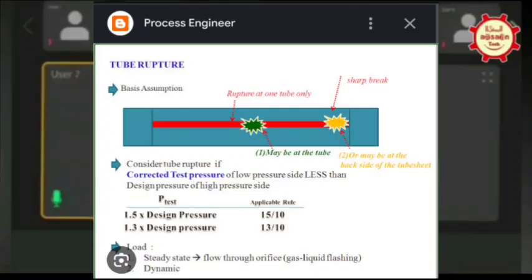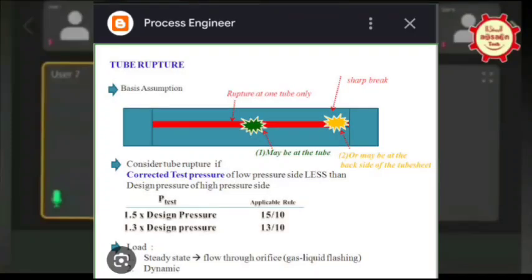Do you have any issues to discuss? Yeah, actually, I have one requirement. When do we use the 10 by 13 rule in a heat exchanger? Can you repeat, please? Okay, the 10 by 13 rule.